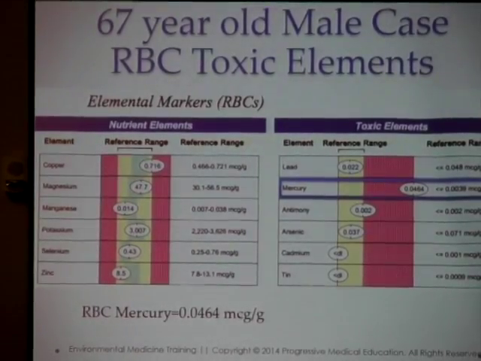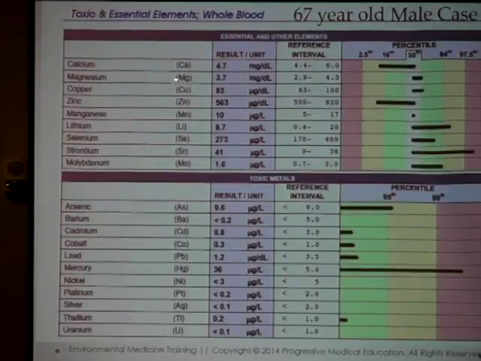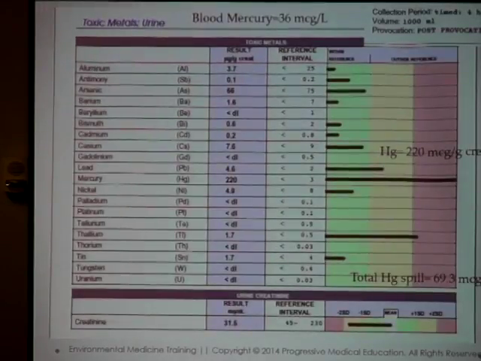This doesn't look at acute toxicity. This is the intracellular functional analysis and what's stored. And what I found for him was, this is his whole blood mercury level, and you see it was 36. And this is his post-provocation level of mercury after testing.